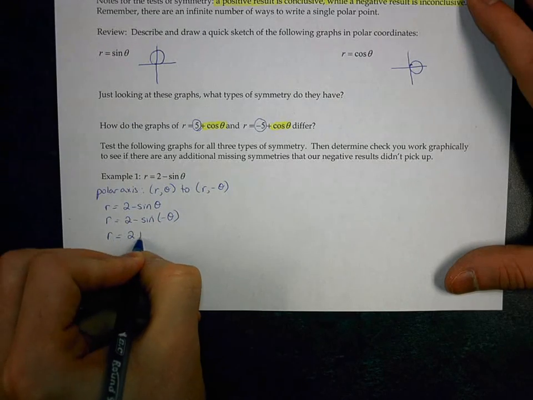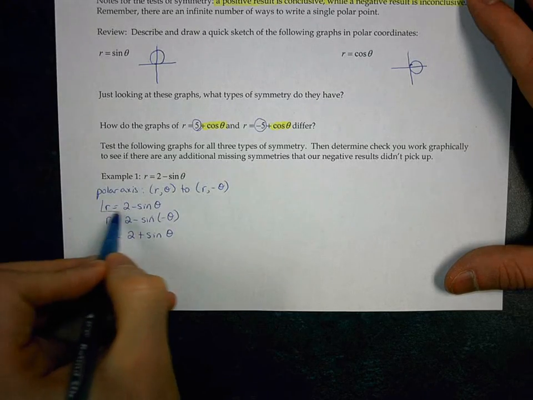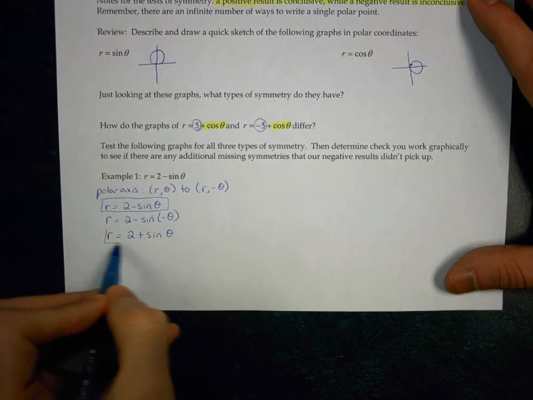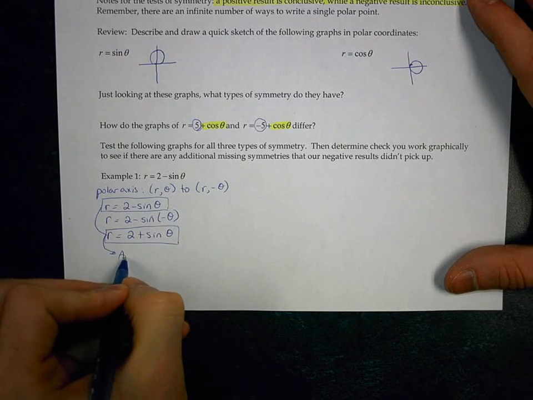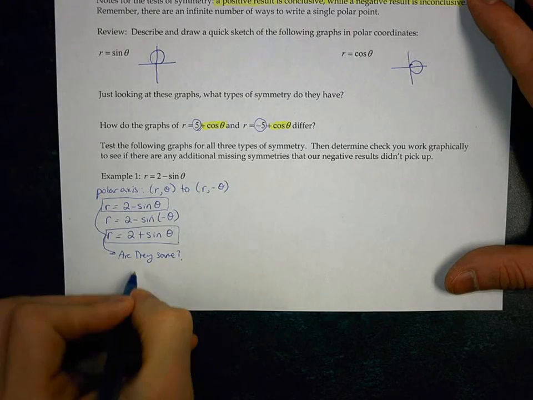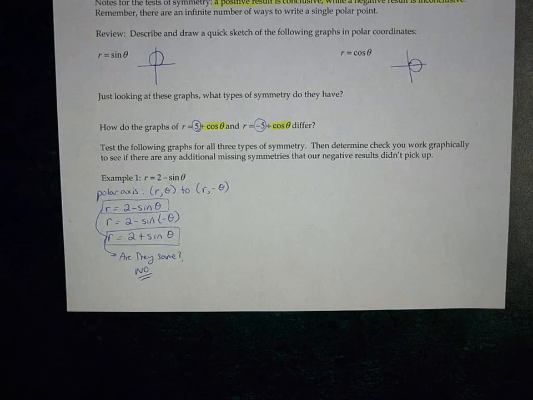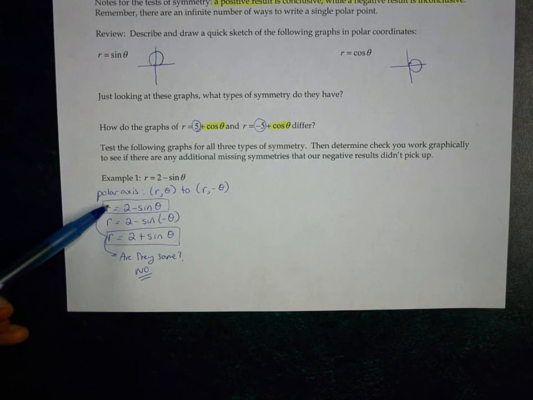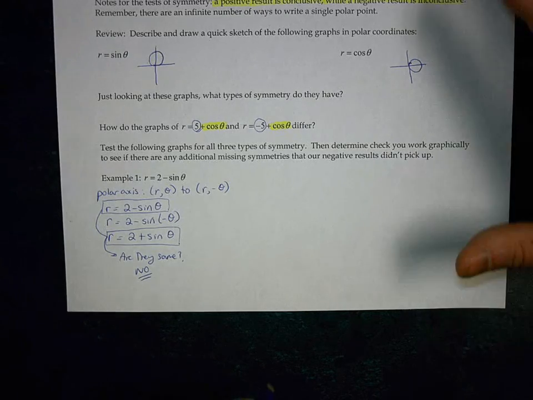So r equals 2 plus the sine of theta. So I look at my original and I look at my final, and I ask, are they the same? And the answer is no. So it would appear that this does not have polar axis symmetry. I can't eliminate it for sure, but most likely it doesn't.